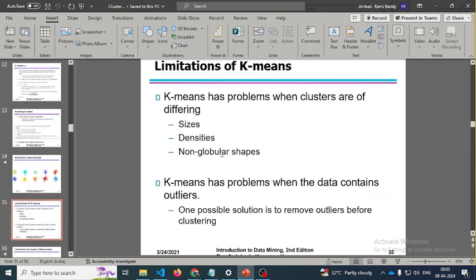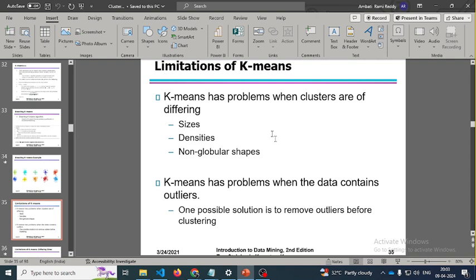So the overall limitations of k-means: k-means has many problems. When clusters have different sizes, that is one limitation. The clusters may have different densities, and they may have non-globular shapes.